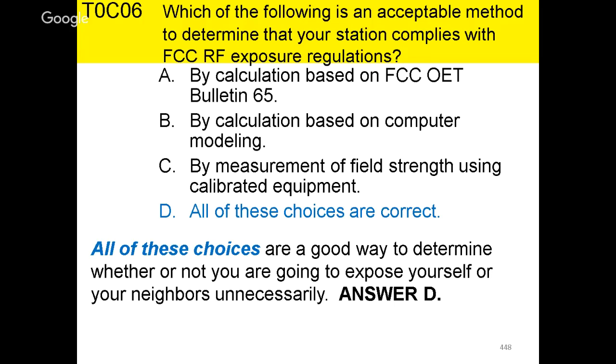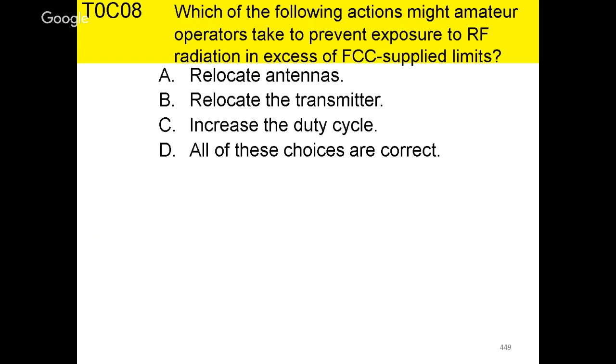So there are exposure regulations. I need to go and look at Part 97, obviously. So which of the following actions might amateur operators take to prevent exposure to RF radiation in excess of FCC supplied limits?